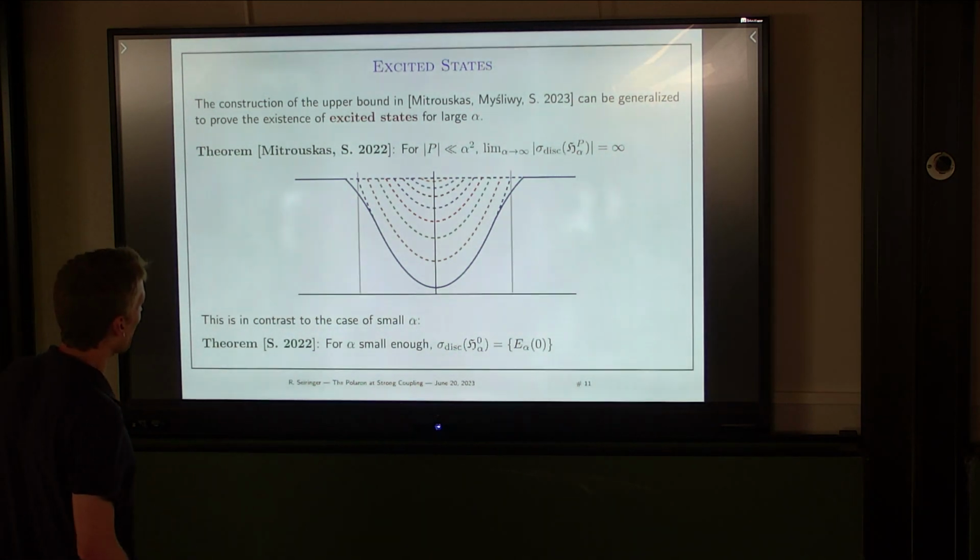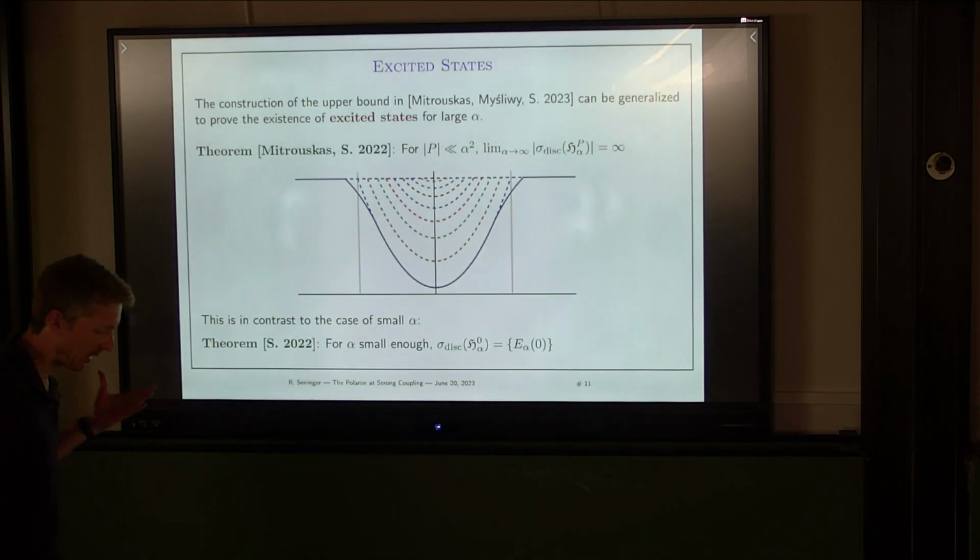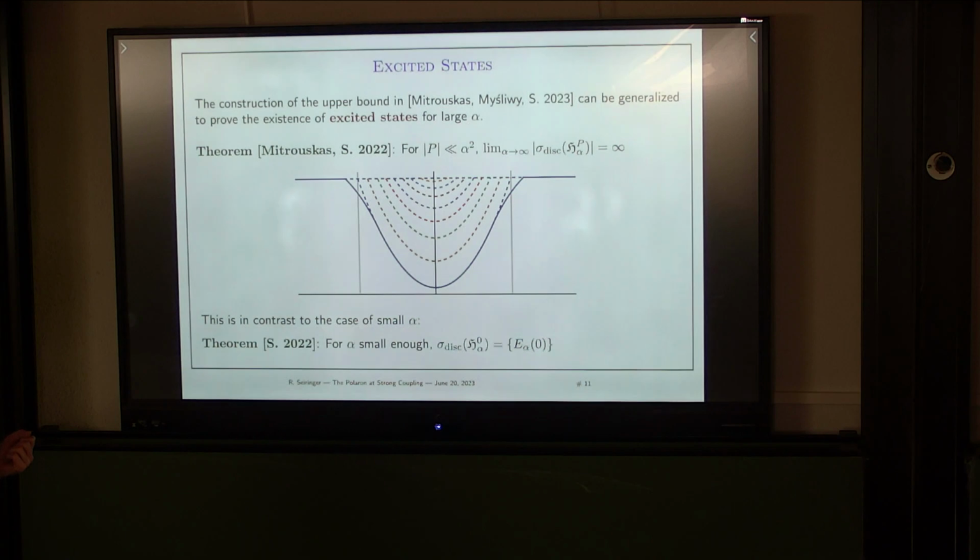We only know this as upper bounds, really, and where they come from should not be surprising from what I said. As I told you, the picture of the polaron at large coupling is that you're close to the classical minimum, the minimal value of the field, and then you have the quantum fluctuations that are described effectively by a Bogoliubov kind of Hamiltonian. You have a quadratic Hamiltonian, a bunch of harmonic oscillators, and of course these oscillators you can excite.